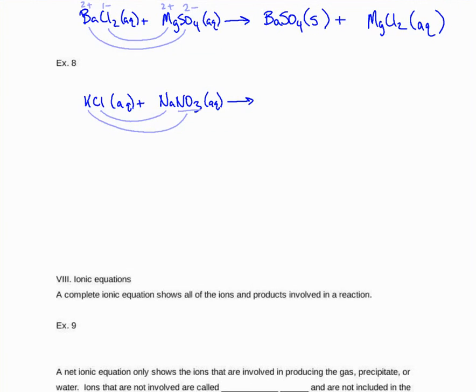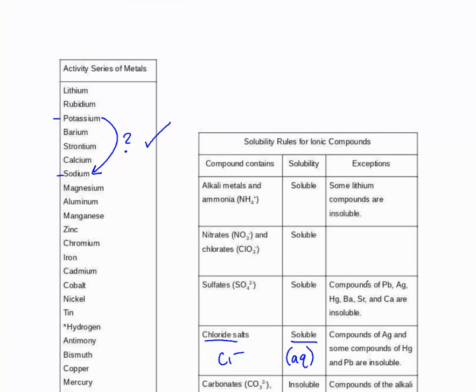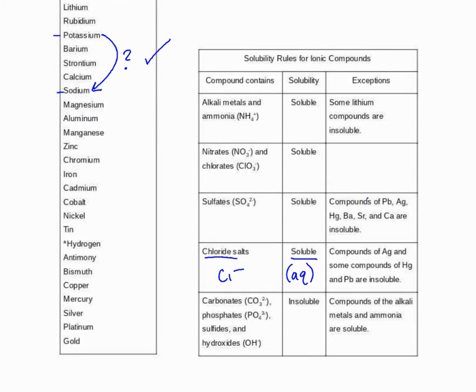Let's check the other one too, potassium nitrate. So we look at our page here. Here's nitrates. It says they are soluble, which means aqueous. Check the exceptions. There are no exceptions. Nitrates are always soluble, no matter what.